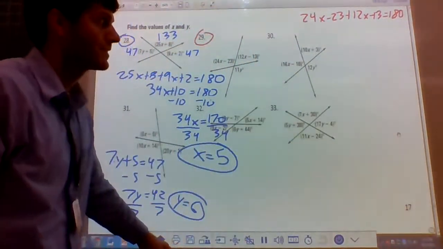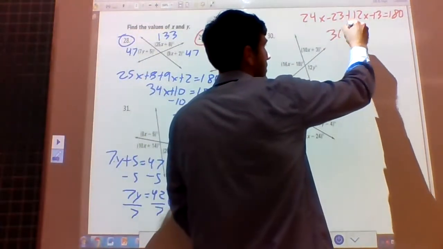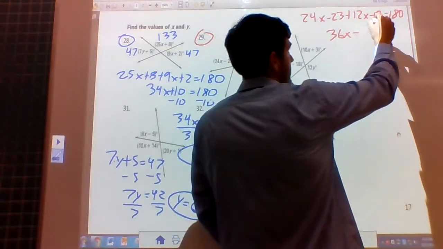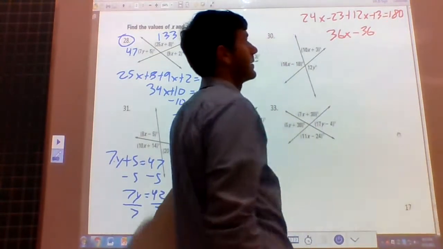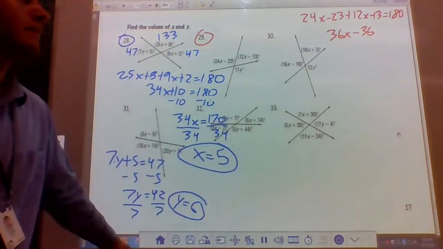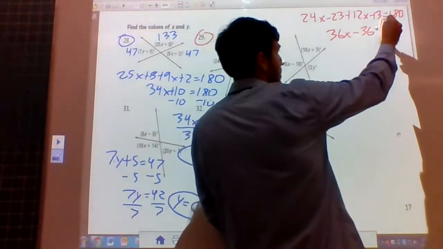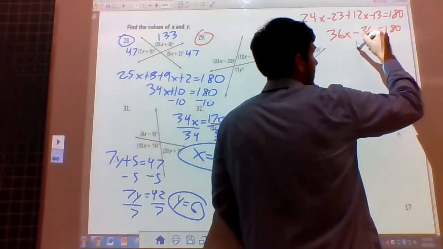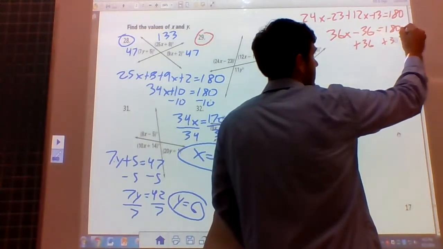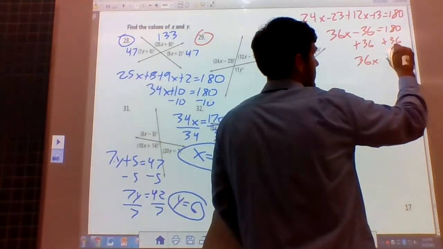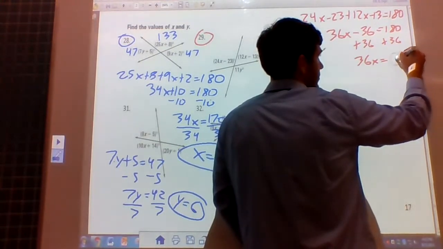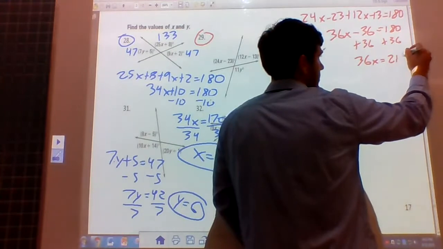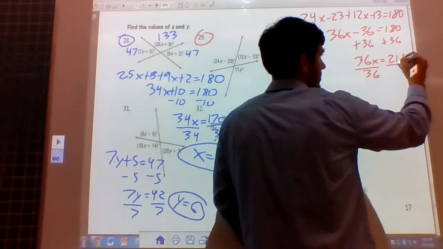So that's 36x minus 36 equals 180. Add 36. 36x equals 216. Not 2,116, but 216. Divide by 36.